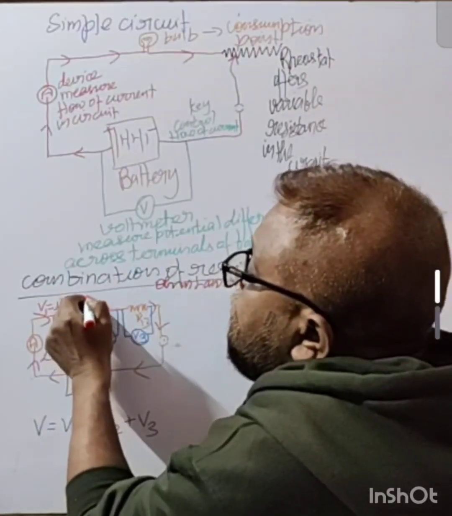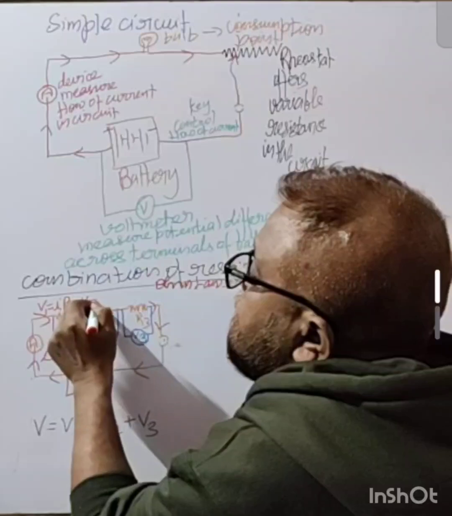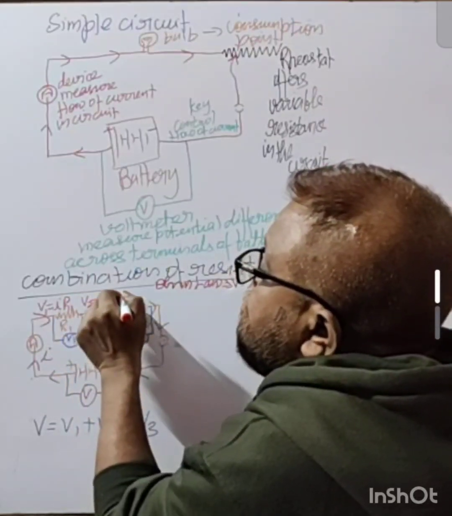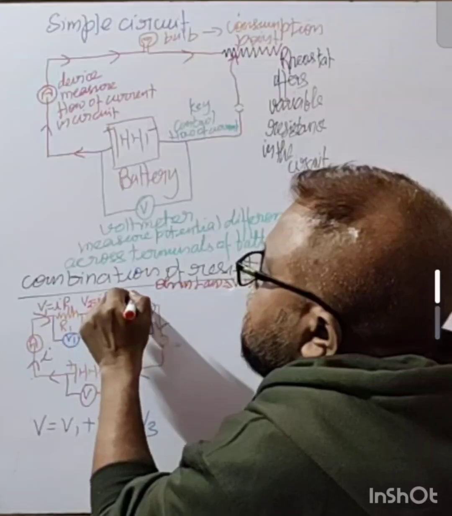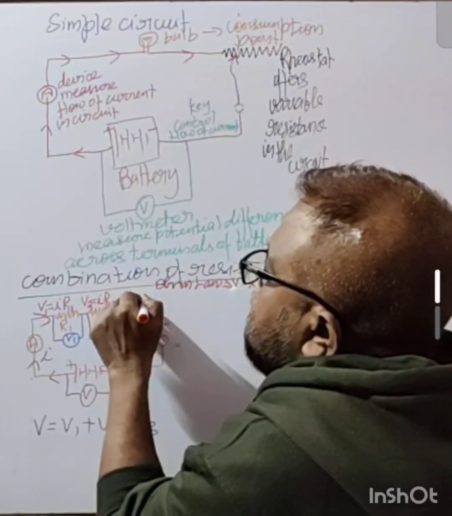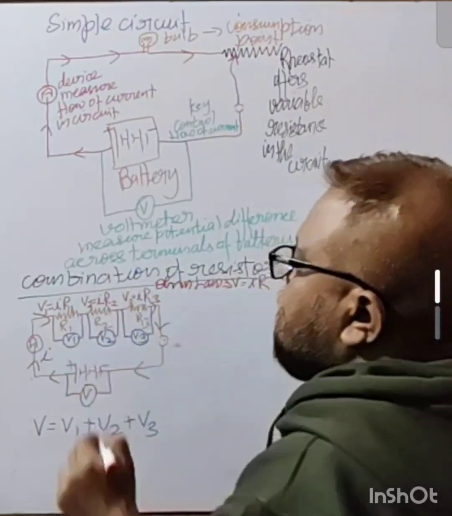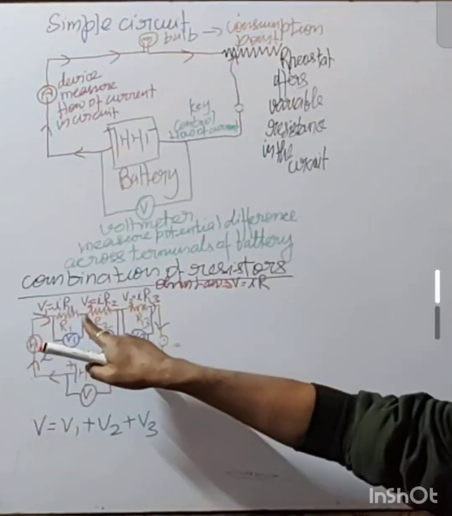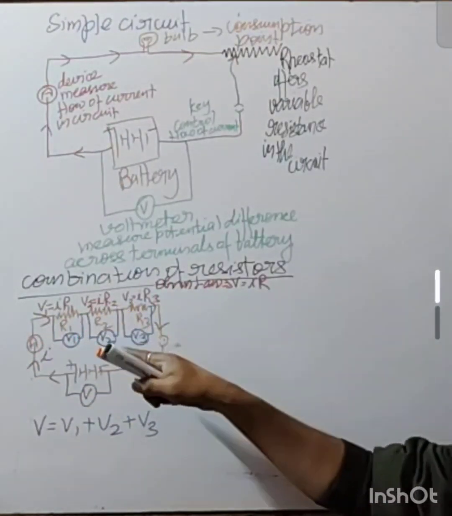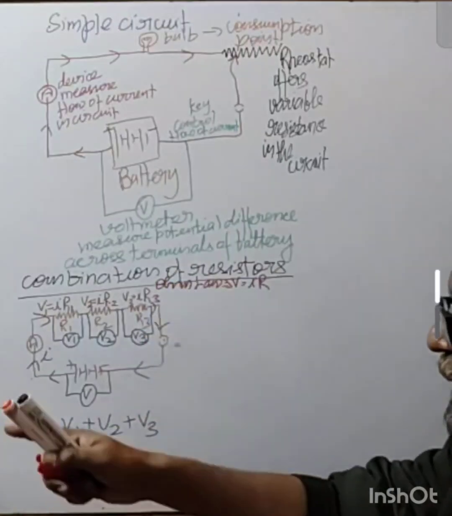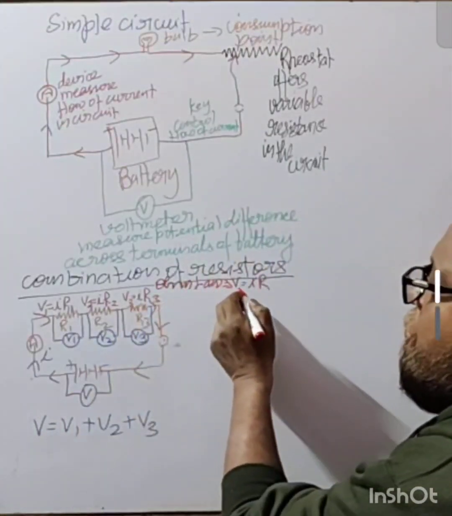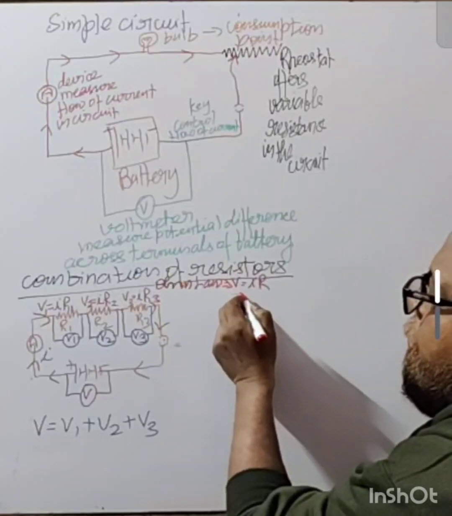Here is V2, that is I into R2. Here is V3, that is I into R3. And when you put the values here, V is equal to IR, you know that from here.